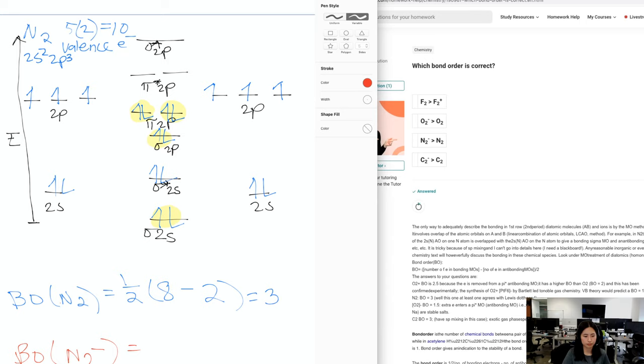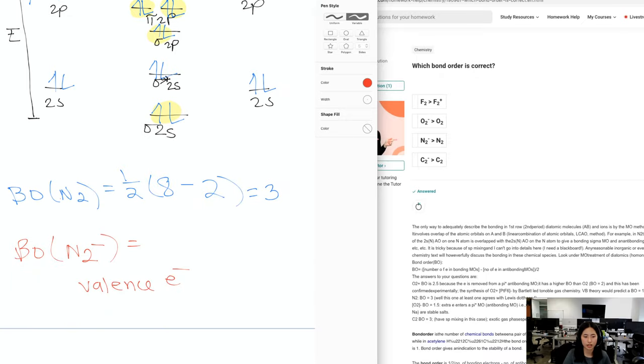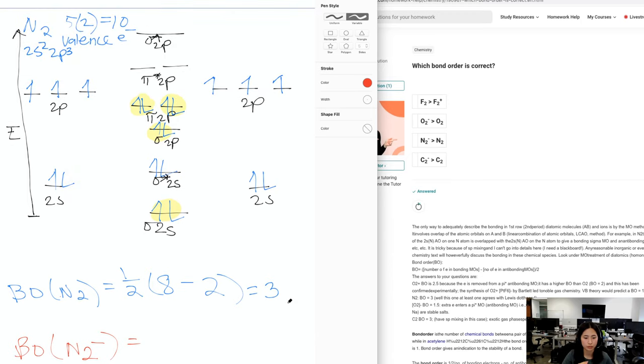So you guys know we need to find the valence electrons of N2 minus. So valence electrons of N2 minus is 5 times 2 plus 1, which is 11, right? So if you have 11 valence electrons, that means your molecular orbital diagram needs to contain 11 electrons, right, in total.